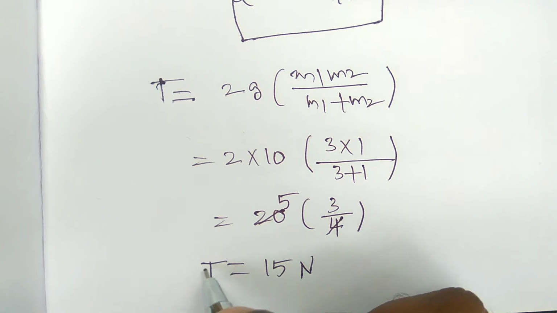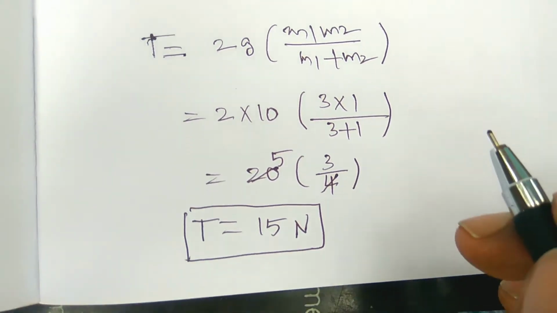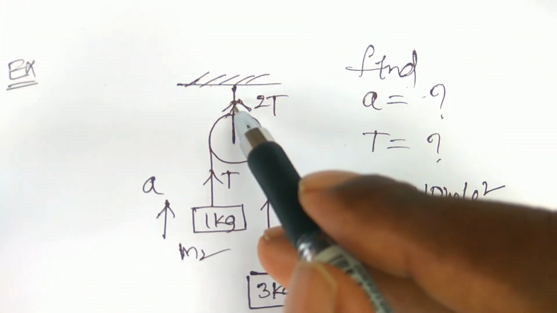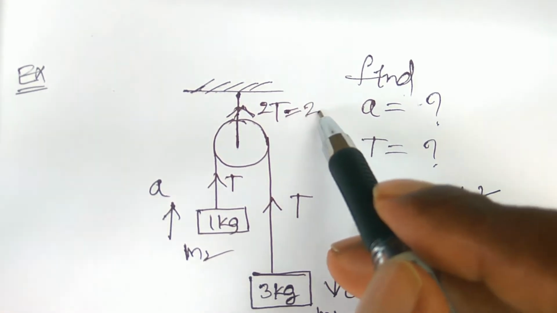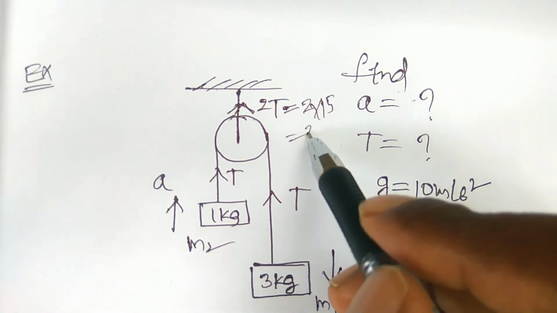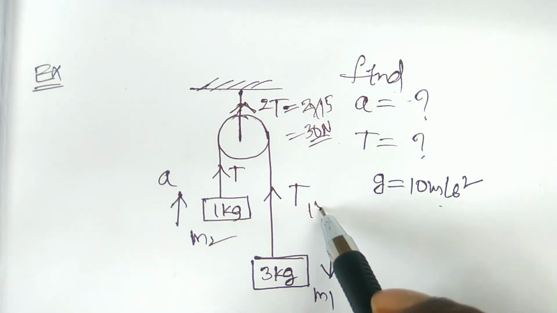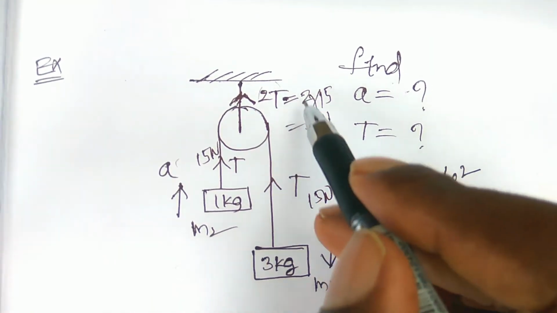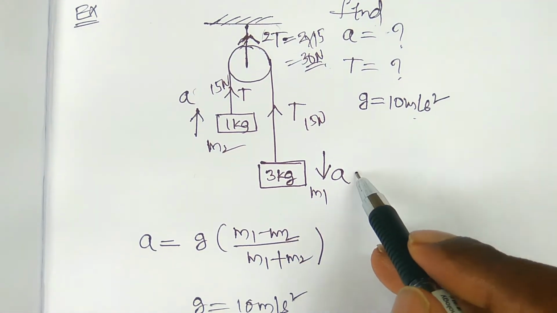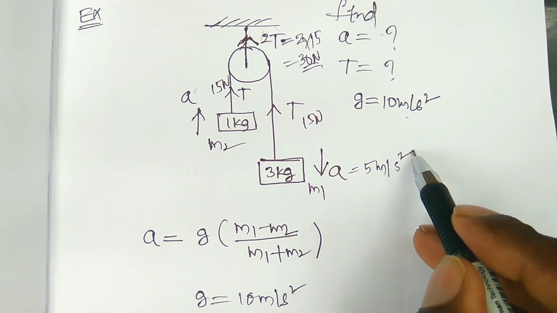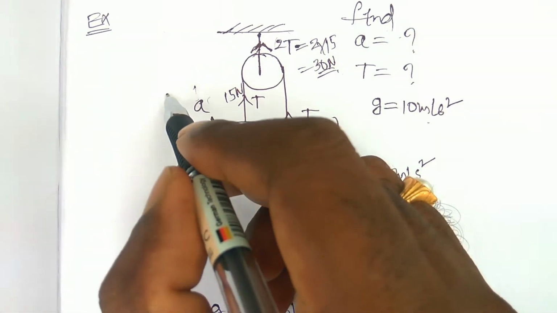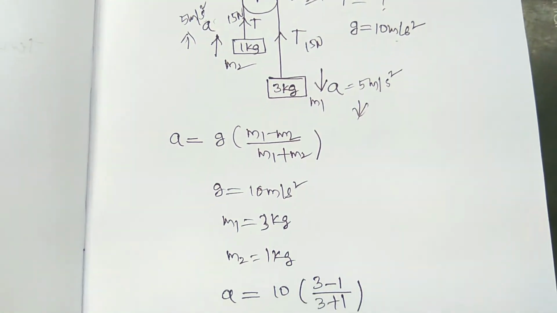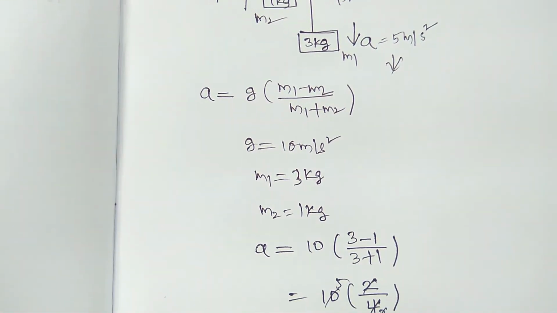So the tension in the string is 15 newtons. The tension at this point is 2T, which is 2 × 15 = 30 newtons. Here 15 newtons acts on each side, and the net tension is 30 newtons. Here the acceleration is 5 meter per second square downwards, and here it is 5 meter per second square upwards. This is the standard method using the formula.